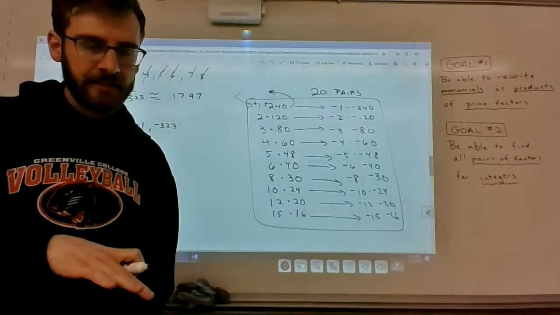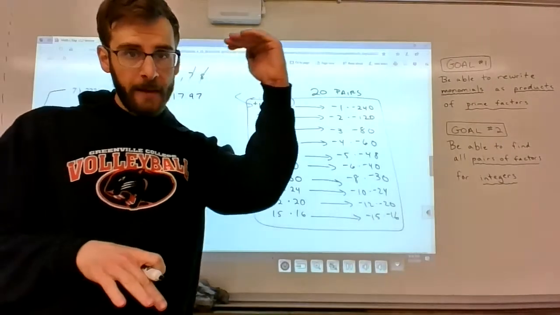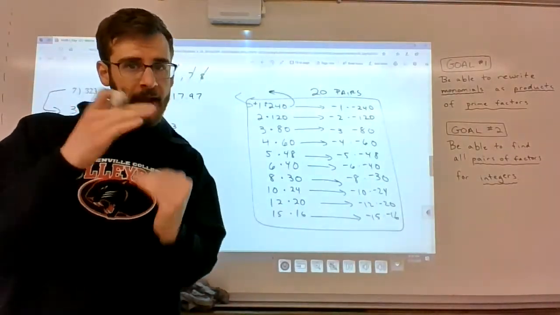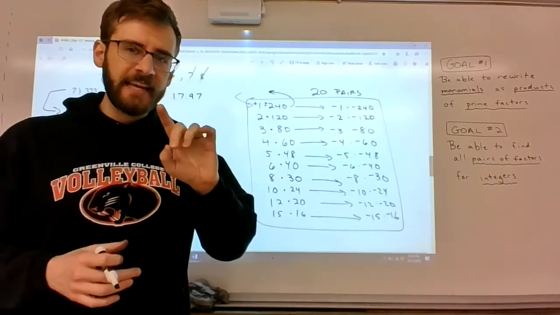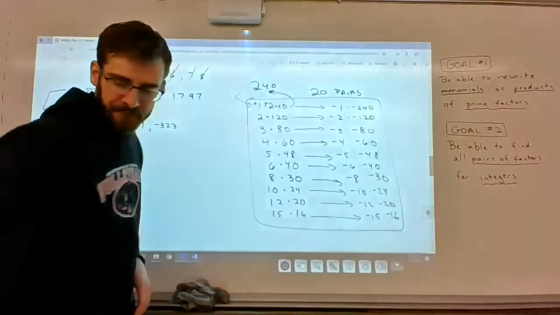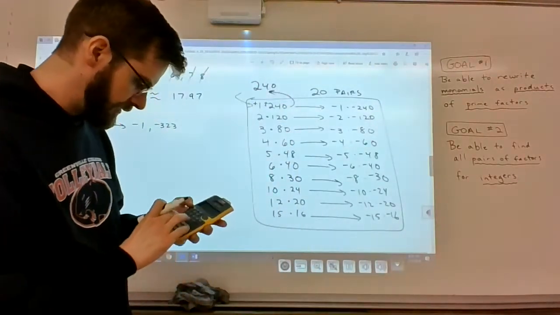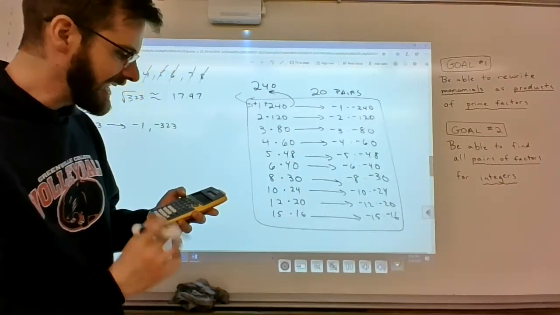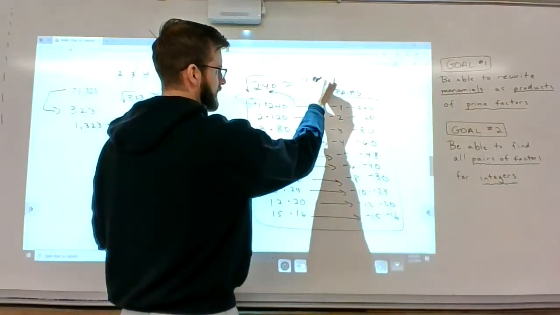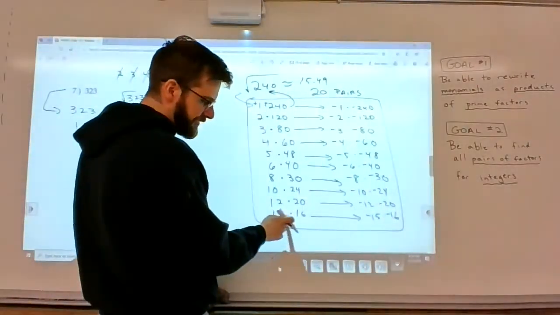This means that once I check all the way up to 17, I'm done, because anything above it would be paired with one below it. Take into consideration our previous example, 240. If I took the square root of 240, I get 15.49. Our last factor was 15 times 16.